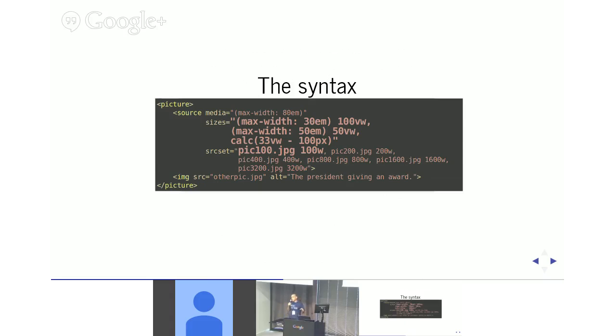The media query states the breakpoint to which the length is applied. So in this example, for width that is smaller than 30 EMs, the image will take 100% of the viewport. After that, it's 50%. And anything beyond that, it's a third minus 100 pixels. We can use calcs as a replacement for the static length.